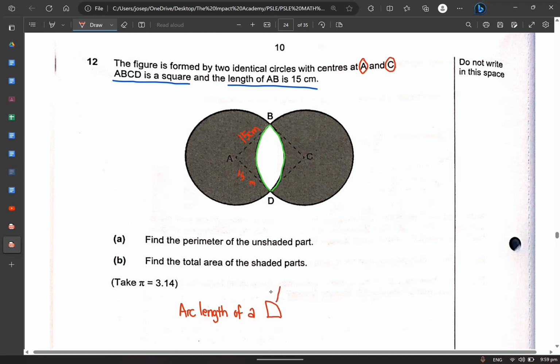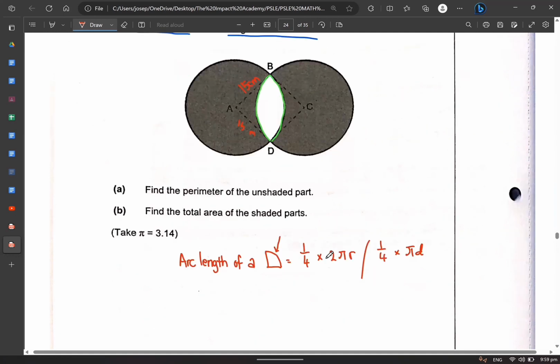So you simply have to do 1/4 times 2 pi r, or some of you prefer to do 1/4 times pi d. Both work the same. Now over here we do 1/4 times 2 times 3.14. Let's ask ourselves what is the radius. We can see that this is the radius, so therefore my radius will be 15.